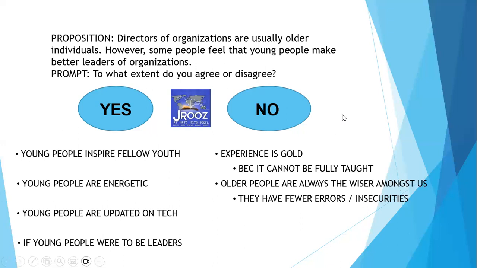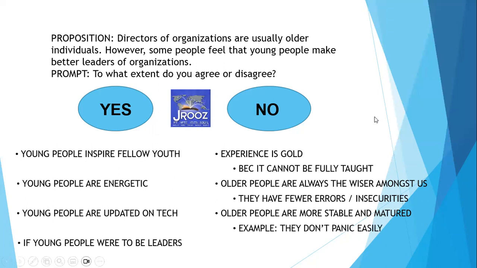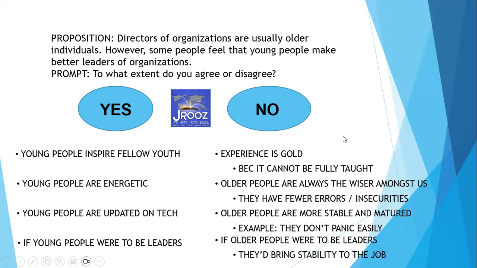And then the third topic sentence is older people are more stable and matured. So let's try to answer that with, can you give me an example, or an exemplification? They don't panic easily. Then the hypothetical, guys: if older people were to be the leaders, they bring stability to the job.